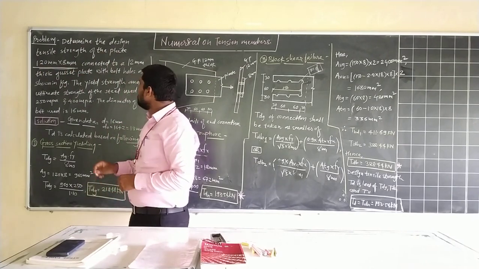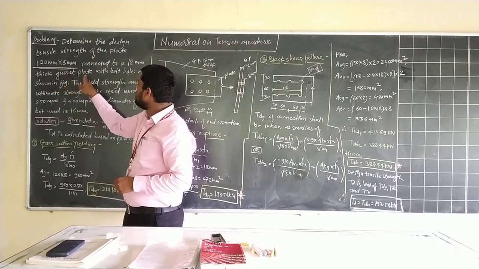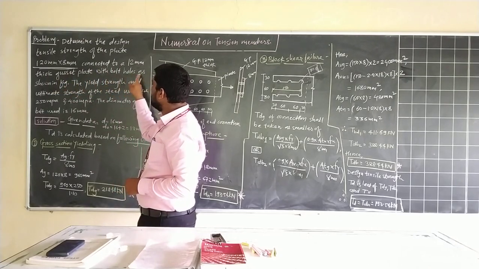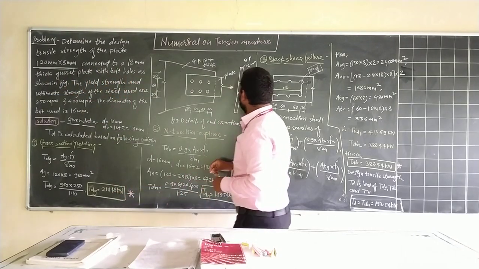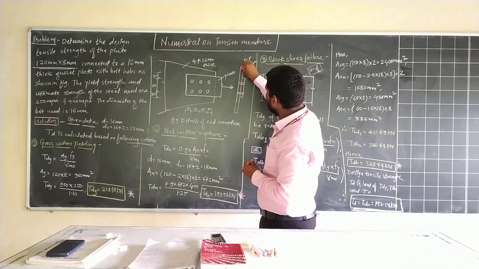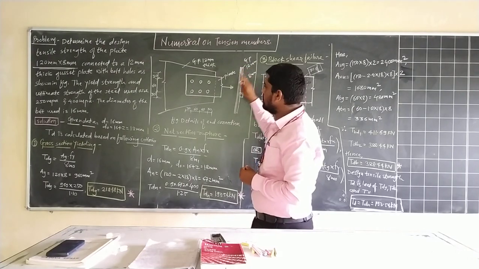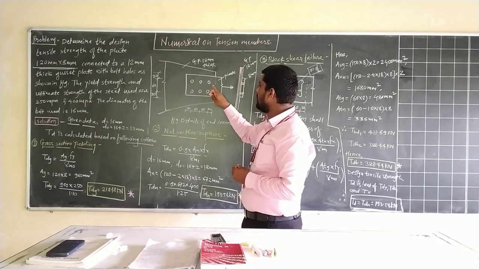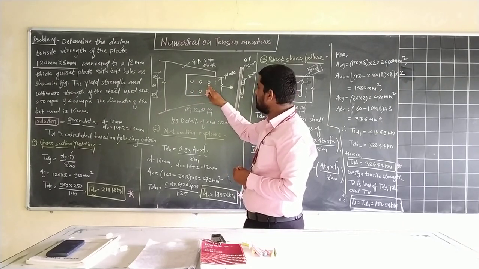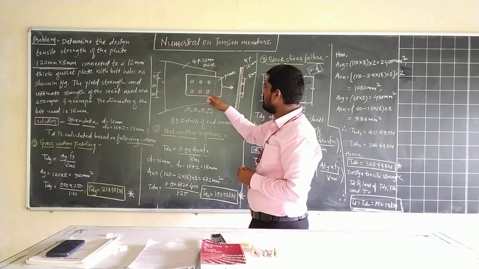The dimensions for the plate are given. It is connected to a 12 mm thick gusset plate with bolt holes as shown in the figure. So this gusset plate is given of 12 mm size, and the connection is made in two rows of 3 bolts in each row. 1, 2, 3 in one row, 1, 2, 3 in another row.